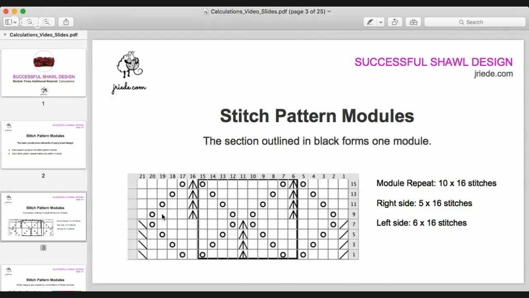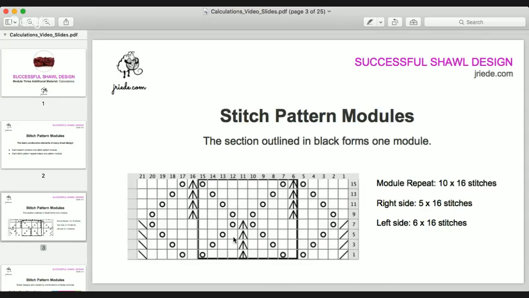And of course, the left and right side sections are the same height, but different in stitch count. The right side consists of 5 columns by 16 rows, and the left side consists of 6 stitches, 1, 2, 3, 4, 5, 6 stitches, and 16 rows as for all other sections here.